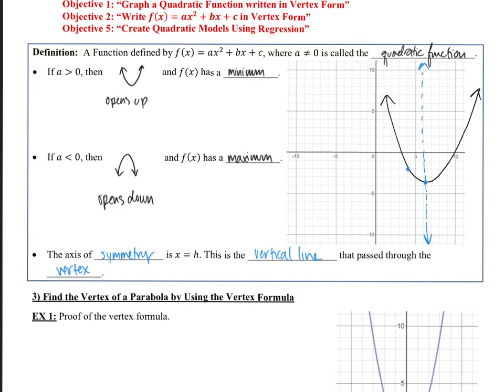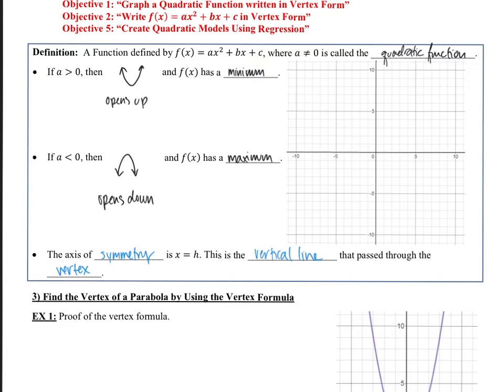If I have a point right here on this side of the parabola that is 2 spaces away, I know for certain, because of the axis of symmetry, that a point exists on the other side 2 units away. Okay? So if I know a point here exists, let's say 5 units away, it's not going to be actually 5 units. I drew this a little off, but let's say it did exist 5 units away. I know for certain that another point exists 5 units away on the other side. So if I had drawn this graph correctly, that would be true. But it was just a sketch, so it doesn't actually perfectly apply.